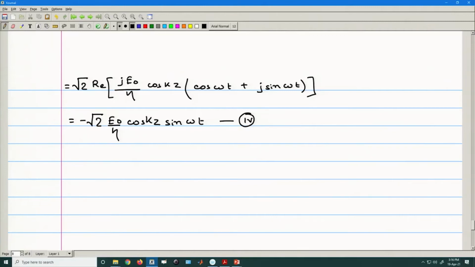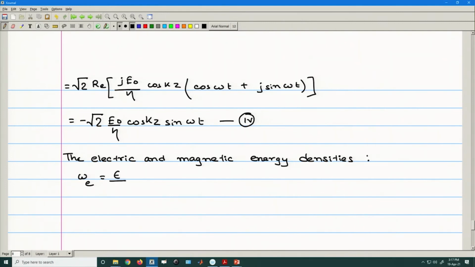Okay. Now we will write the electric and magnetic energy densities, that is We and Wm. The electric energy density We is given by epsilon by 2 times E square.